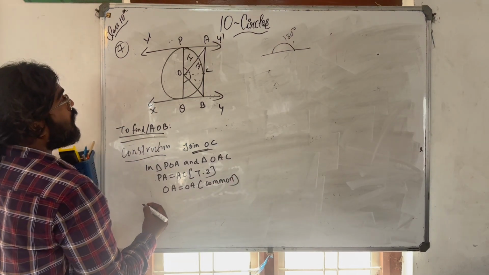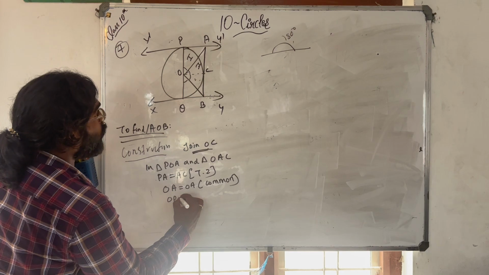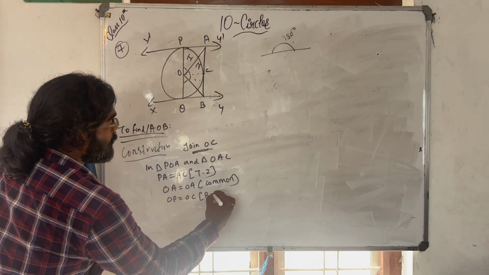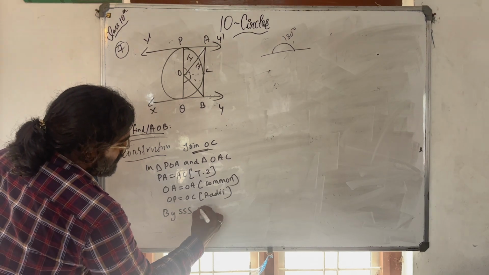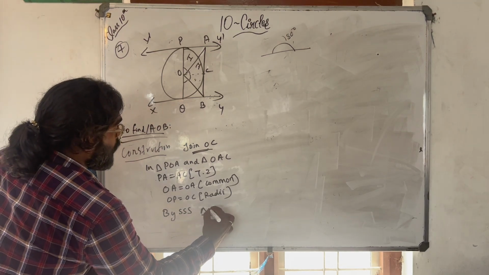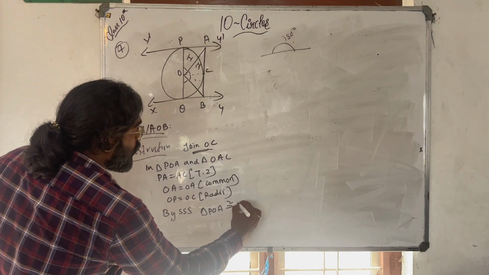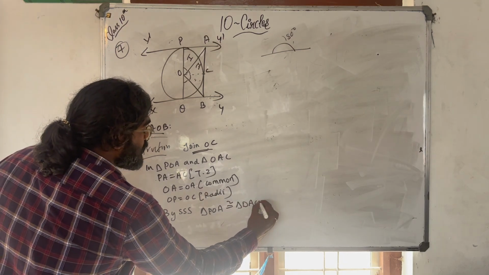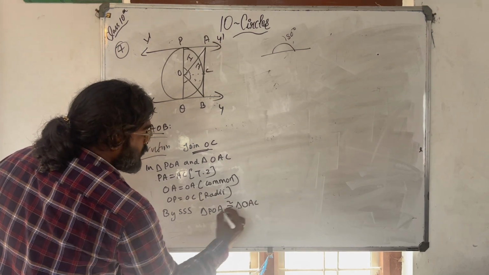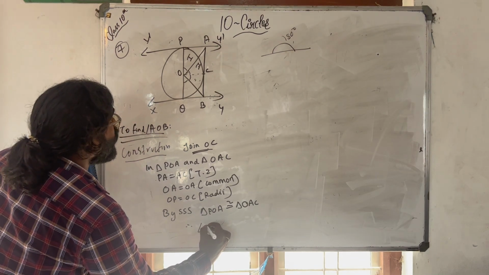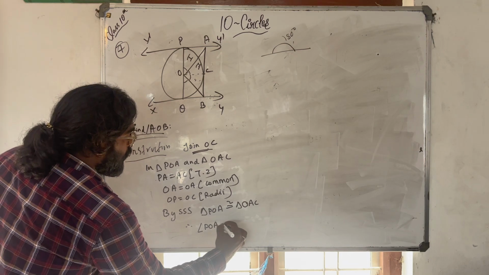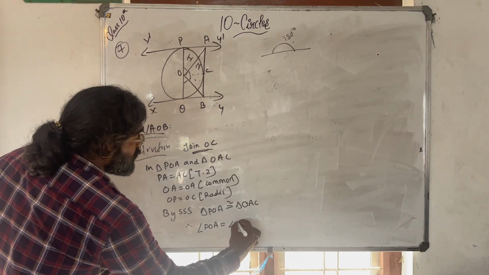Then I know OP is equal to OC, radii. So by SSS, triangle POA is congruent to triangle OAC. Therefore, I can write angle POA is equal to angle AOC.